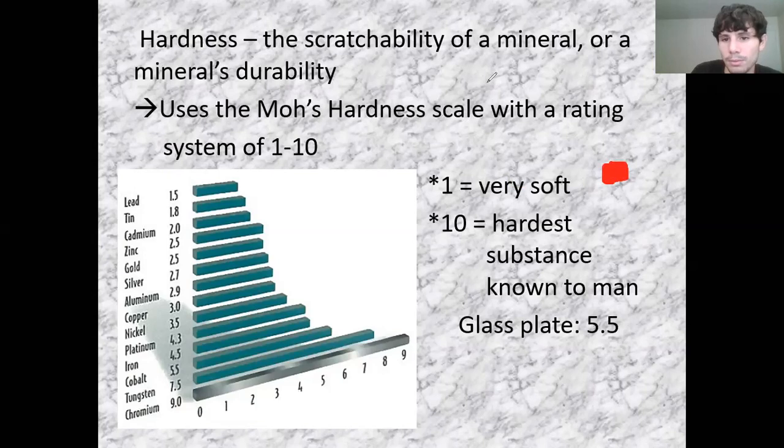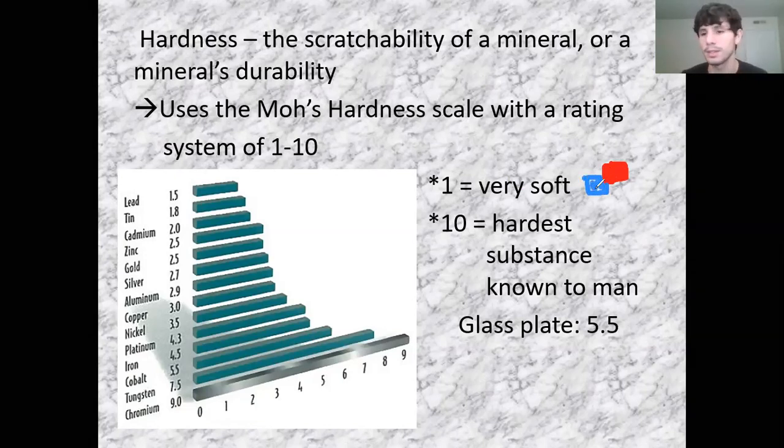Let's say you rub it up against the glass plate here, and it does not scratch that glass plate. So you rub it against the glass plate and you don't see any line, you don't see any scratches on that glass plate. That means the glass plate was stronger and that mineral's hardness is less than 5.5.